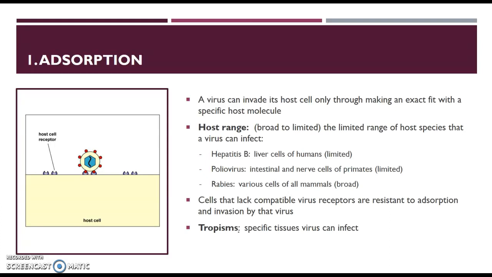So a virus that is able to infect many species of organisms and many different cell types is said to have a broad host range, whereas a virus that is only able to infect certain cell types or certain species is said to have a limited host range.